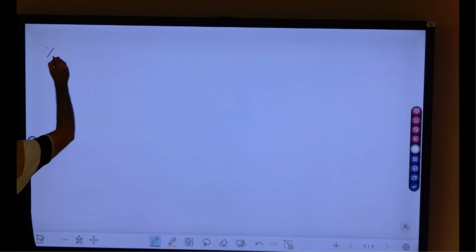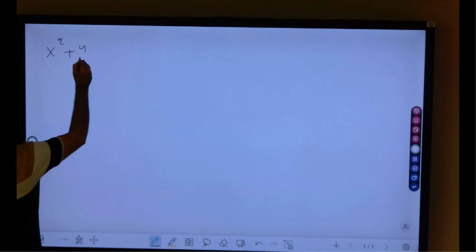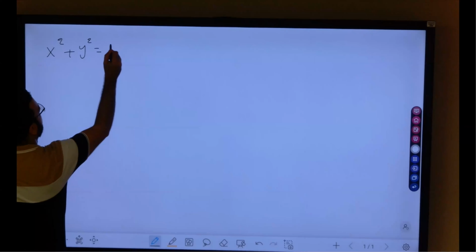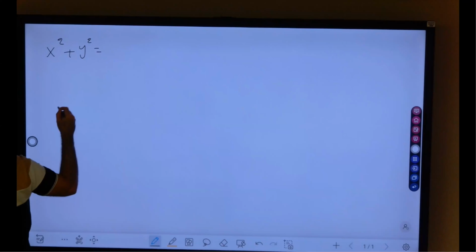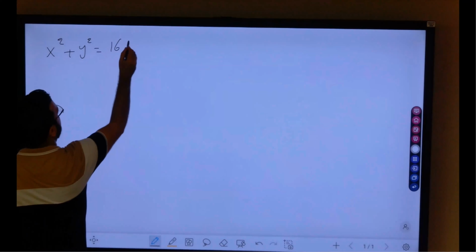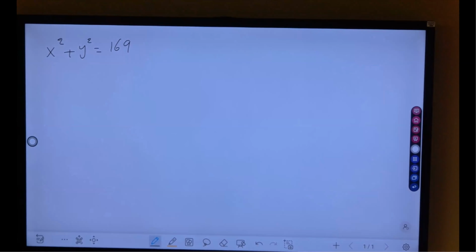Hi, Rita. Let's check the next example. It's x squared plus y squared equal to what? 169. And what else do we have? The first one, we have two options also.